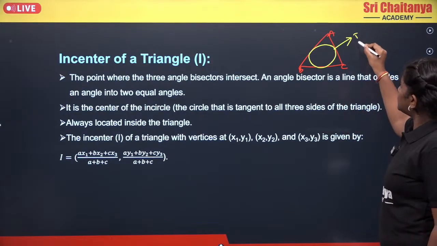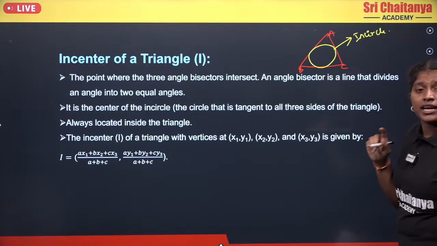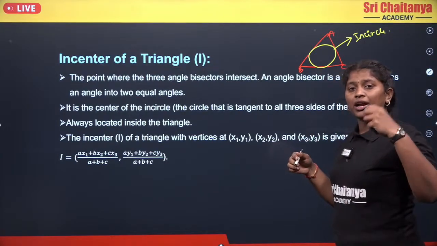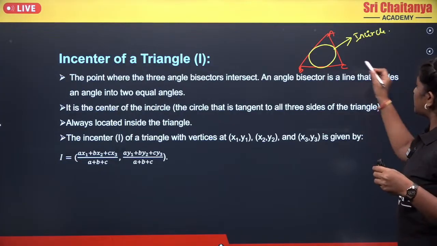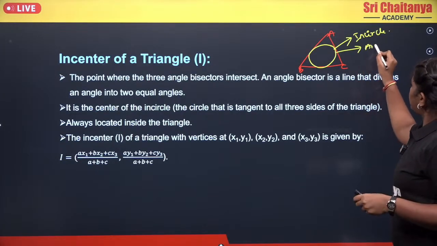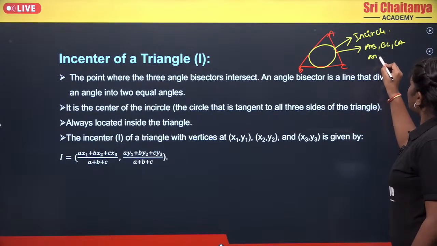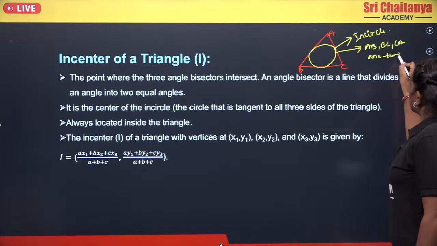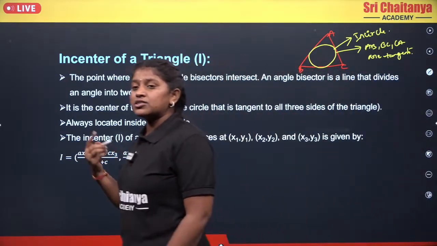So this is your incircle, right? For this incircle, the sides of the triangle, which are nothing but AB, BC and CA, become the tangents. In other words, the sides of the triangle are the tangents of the incircle.